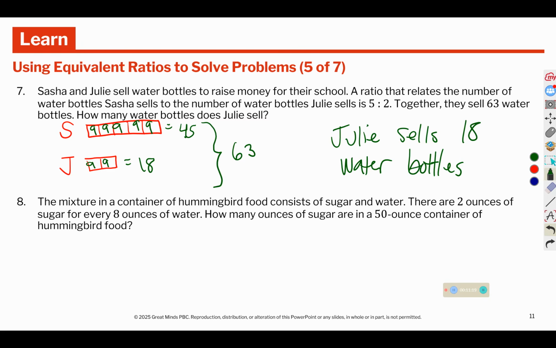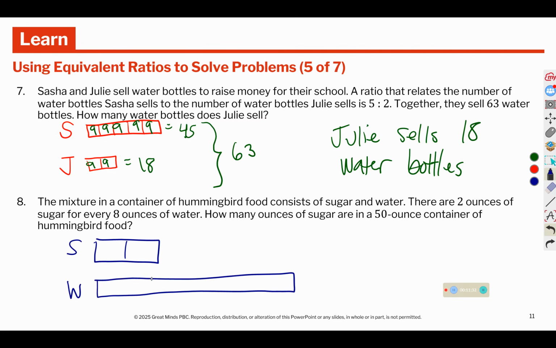The mixture in a container of hummingbird food consists of sugar and water. There are 2 ounces of sugar for every 8 ounces of water. One, two, three, four, five, 6, 7, 8.